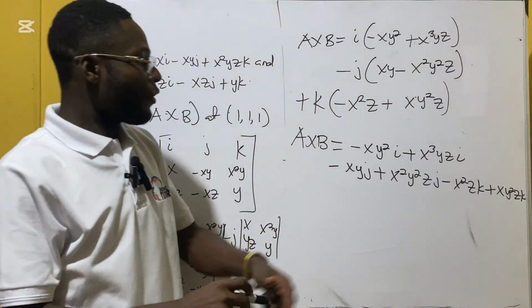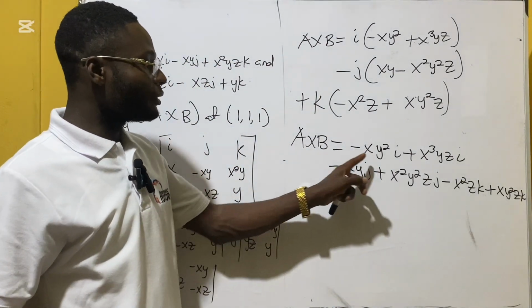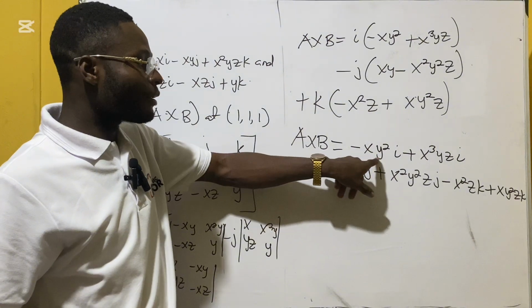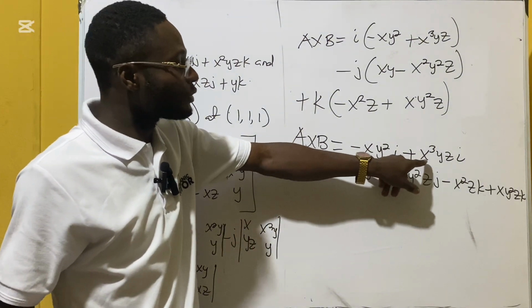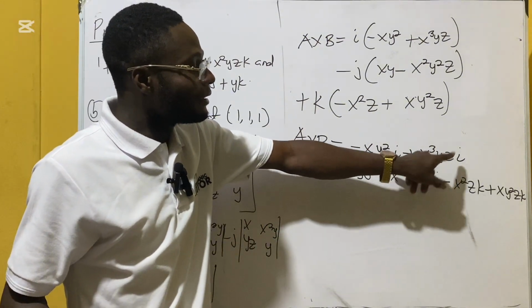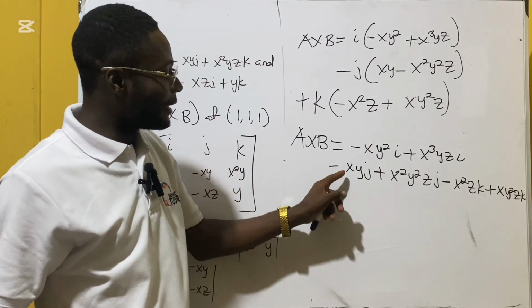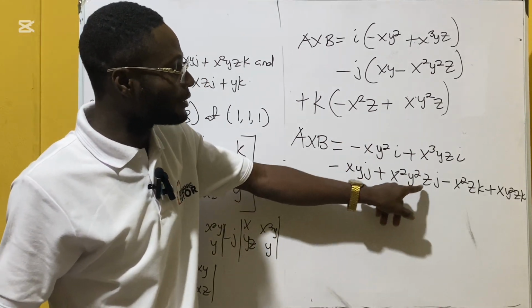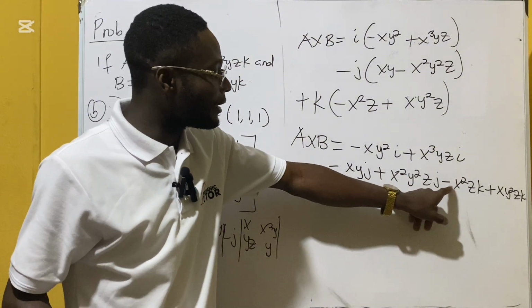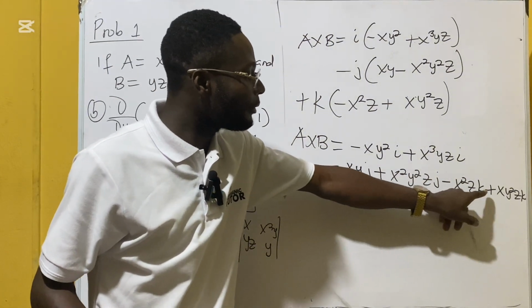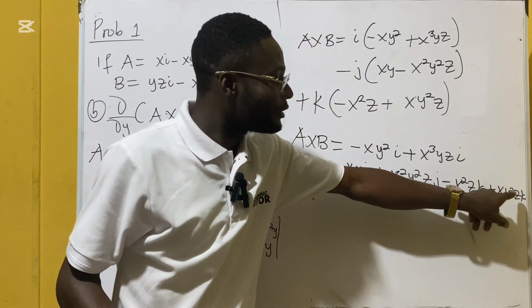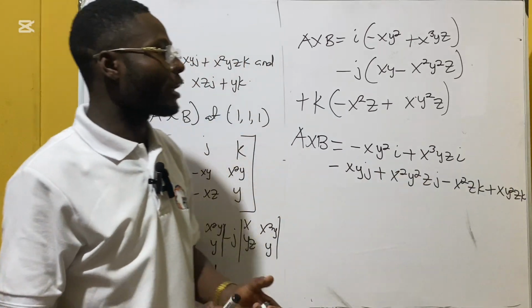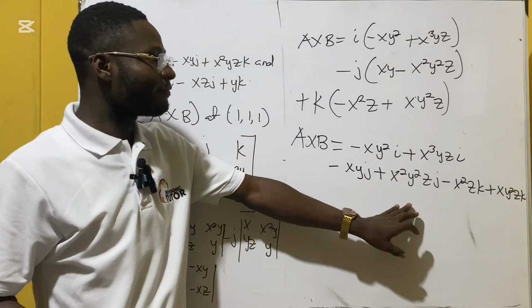Okay, so basically our A cross B is giving us minus xy squared i plus x cubed yz i minus xy j plus x squared y squared z j minus x squared z k plus xy squared z k. Okay, so that is what we have.